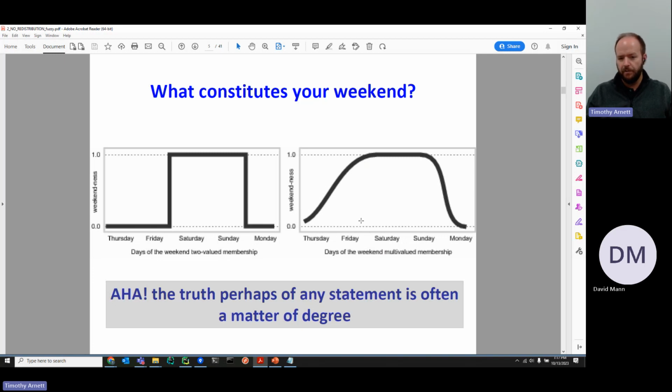If my weekendness is above a certain amount, then yes, I will go to the restaurant. But if not, then no. And what we'll see here is that in classical set theory, this only allows you to do that on Saturday and Sunday. That's it. Whereas you can make a much more nuanced decision based on the more granular information that fuzzy provides.